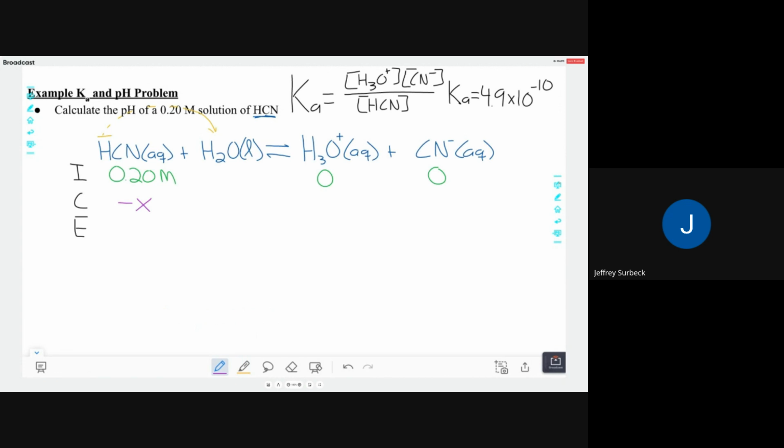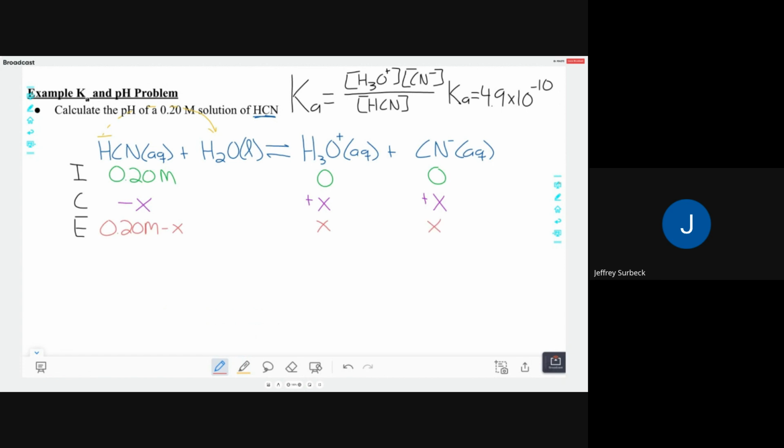We can't have negative concentrations. So we're going to say plus x and plus x. Okay, so at equilibrium, I'll put the values in pink here, we would end up with 0.20 big M minus x, 0 plus x is x, and x.